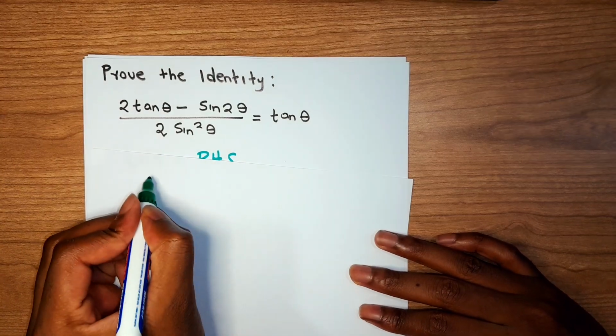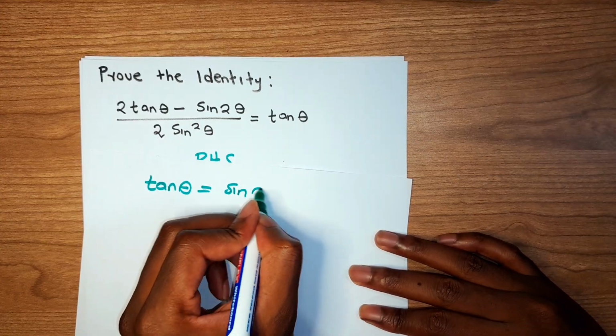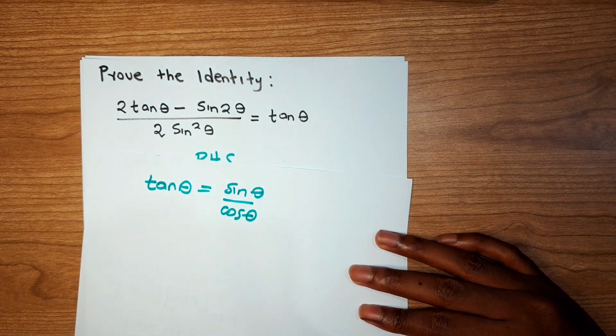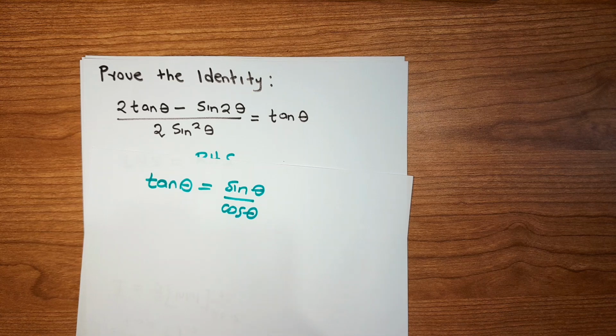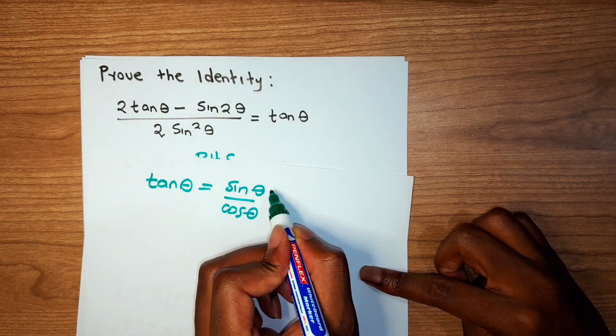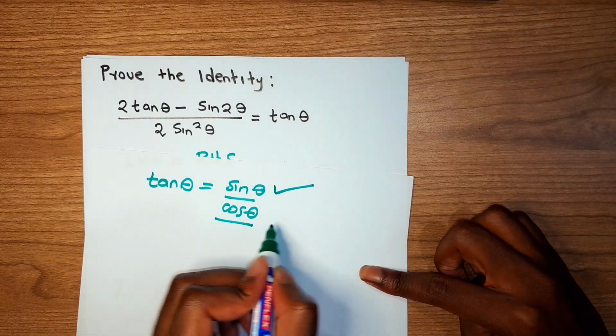You know that tan of theta is the same as sine of theta divided by cos of theta, right? This means that on answering these questions, you must make sure that the top should be sine of theta and the bottom should be cos of theta.